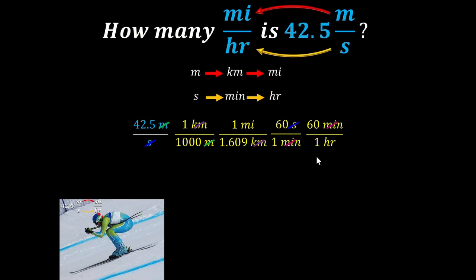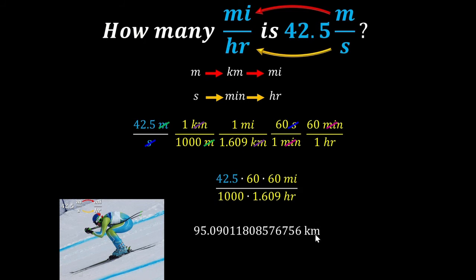Minutes on bottom, minutes on top cancel. My unit becomes miles per hour. So if I take that, times that, times that, divide by this, divide by that, this is what my calculator says. But let's look at sig figs. 3 sig figs here, an infinite number here, an infinite number here, an infinite number of sig figs there.